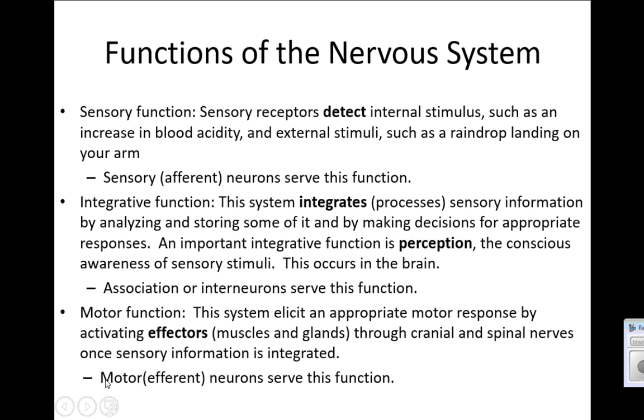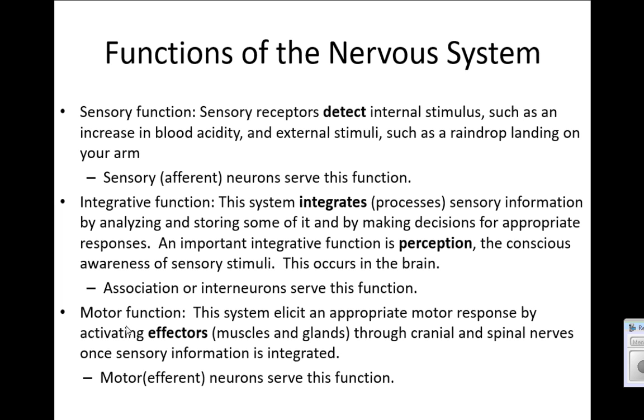Motor function is performed by motor neurons or efferent neurons, which is how we respond to that original stimulus. Just like we talked about with feedback, you send a signal in telling your body that it's cold, your brain processes that, your brain sends out an output signal. That output signal is coming by way of these motor neurons performing the motor function.